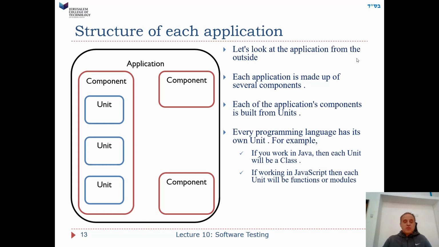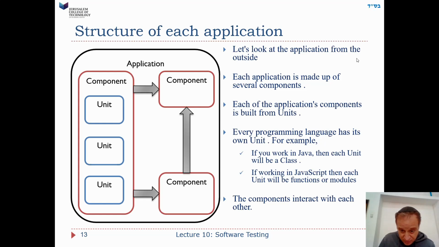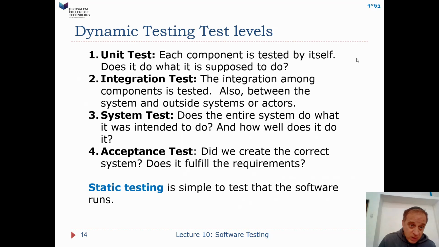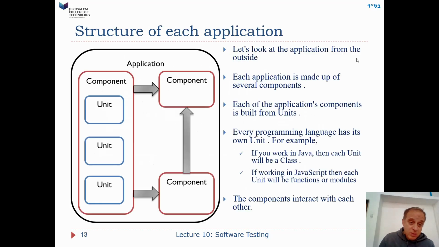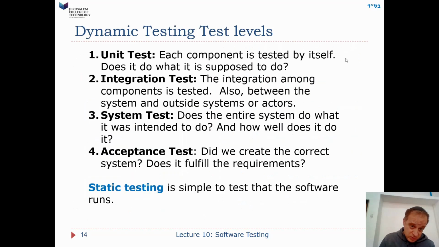The truth is, the definition of a unit could be different even within a particular language, but it could be a function, basically, or it could be a class. It's the smallest unit. The components are composed of units, and they interact with each other.